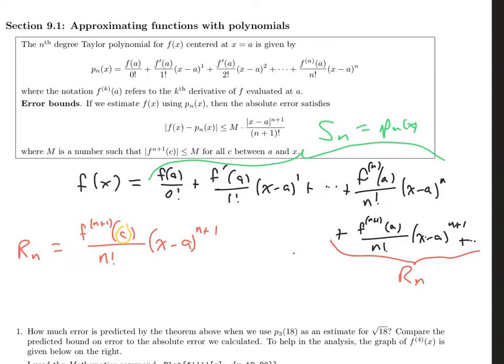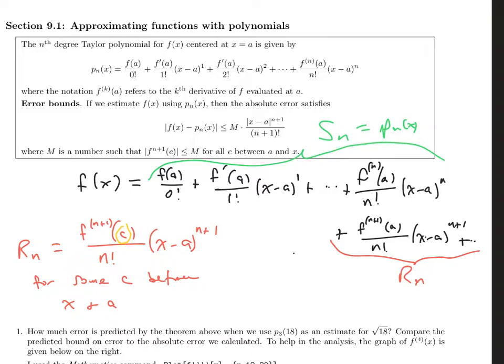You see I have the letter c there, and the theorem says this has to be true for some value of c between x and a. So in other words, between the center of the approximation and the x that you're plugging into it. So for each x that you would want to use to evaluate this, there's going to be some c that makes this exactly the remainder.